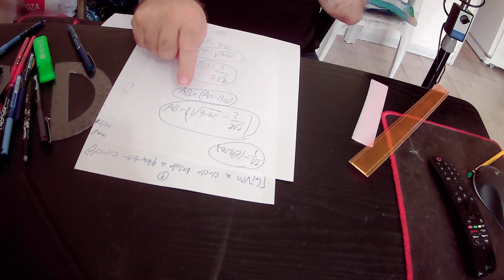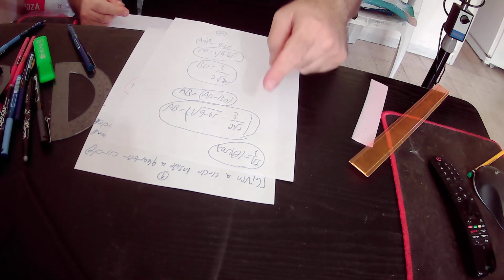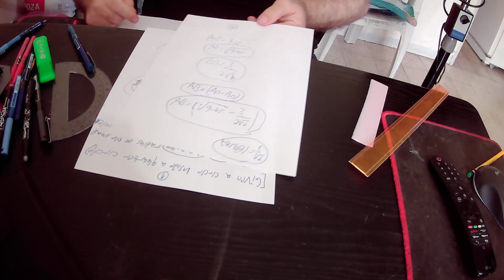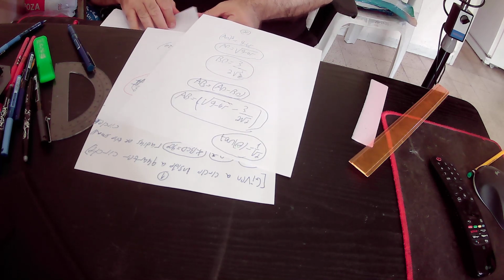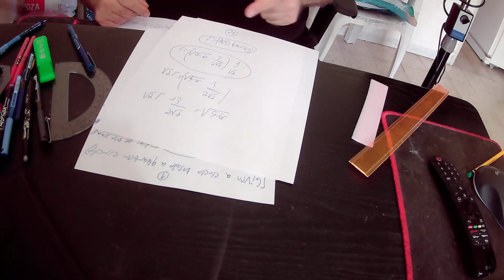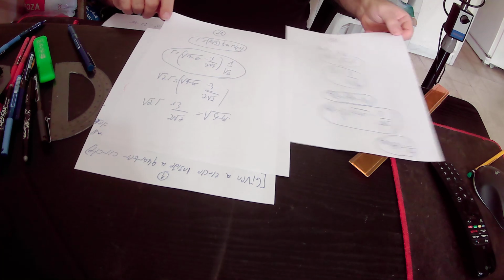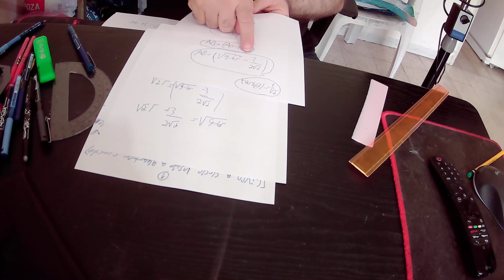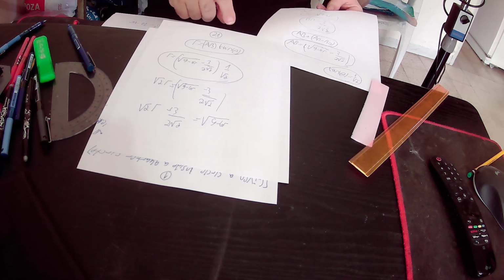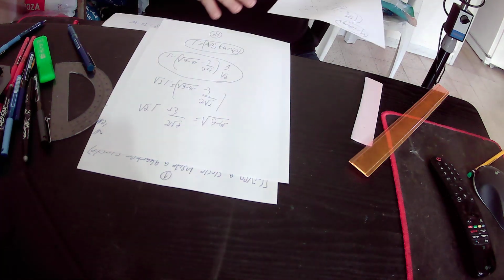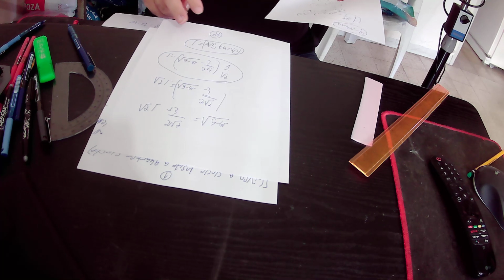We have already found out that tangent theta equals 1 over root 2, and we have the equality that the radius of the small circle equals AB times tangent theta. So we substituted AB and tangent theta by their values.